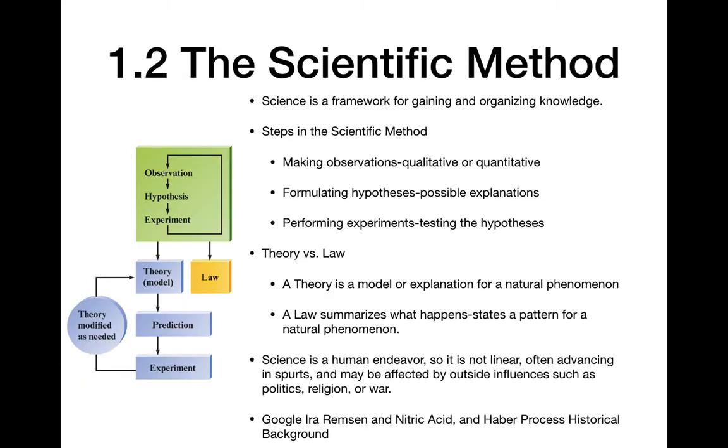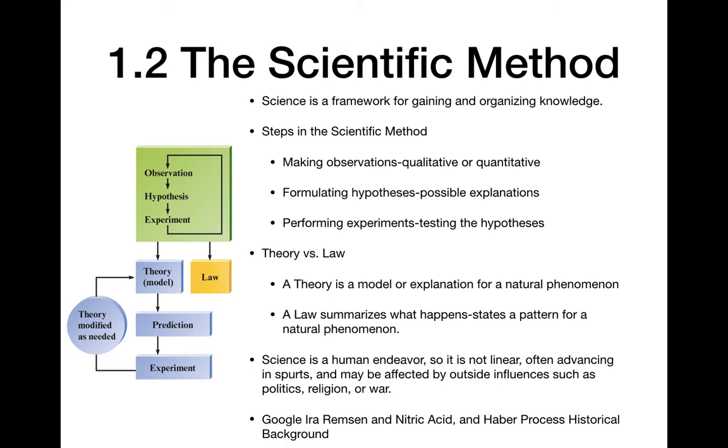So what is this scientific method? The scientific method is the framework that science uses for gaining and organizing knowledge. There's a lot of scientific knowledge that man has been able to build up over the past few hundred years. And that scientific knowledge, of course, has gained us the opportunity to create a lot of technology in our world and do a lot of amazing things that people 300 or 400 years ago couldn't even imagine.